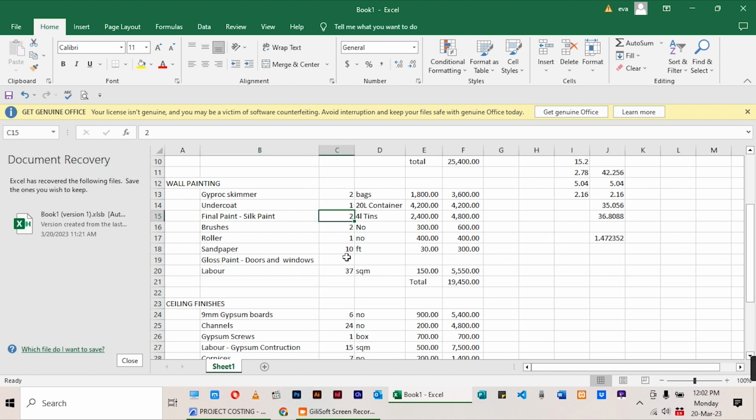And the area is too small, just 1 4 liter is enough. 4 liter tin. The current price for this is 2700.